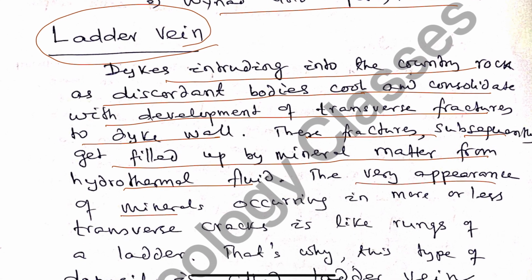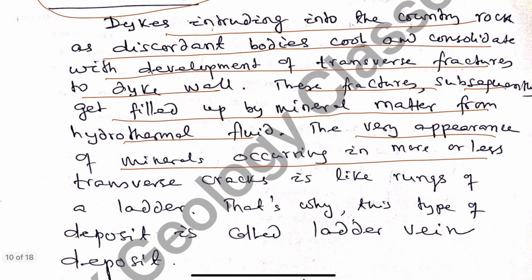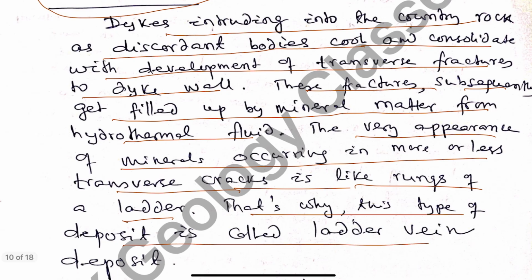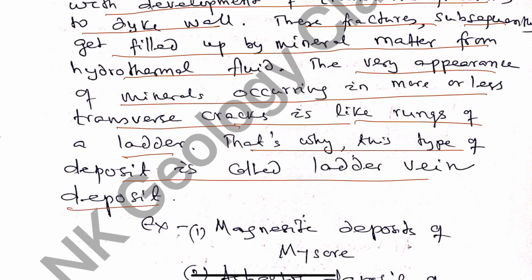The very appearance of the minerals occurring in such a dike is more or less resembling that of the rungs of a ladder. That is why this type of deposit is called a ladder vein.